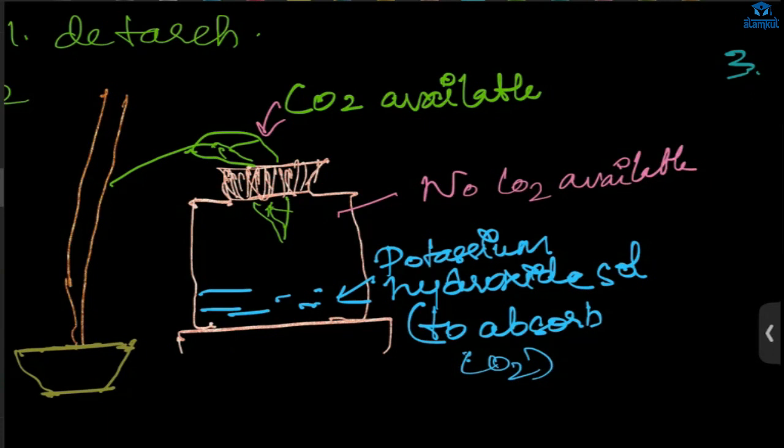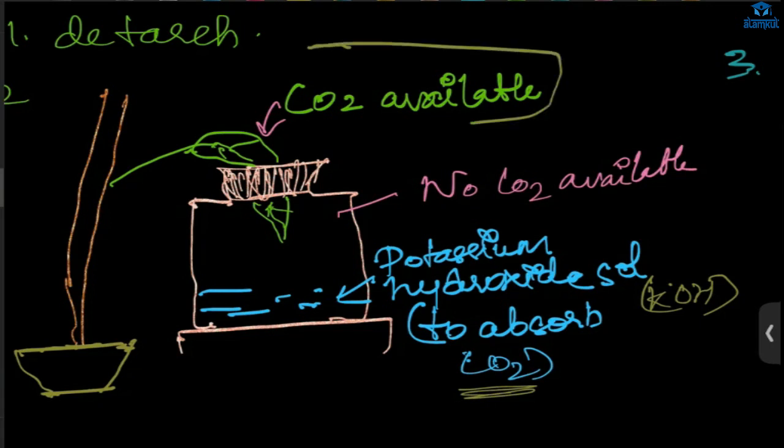Some part of the leaf we put inside, and the other part we leave outside. Inside there will be one solution, potassium hydroxide, KOH. It absorbs carbon dioxide. Outside, the carbon dioxide is available in the atmosphere, but inside there is no carbon dioxide.